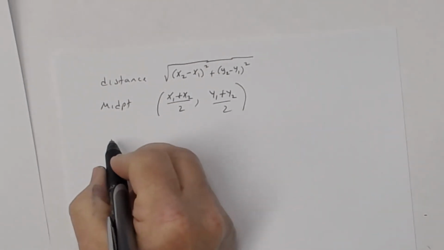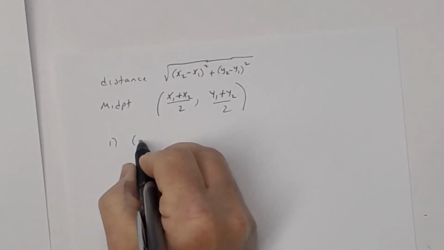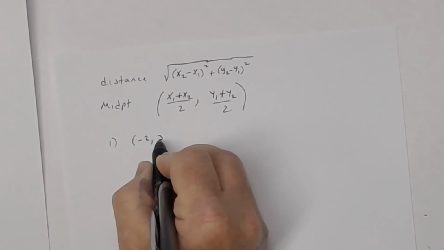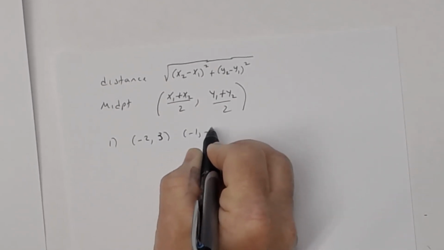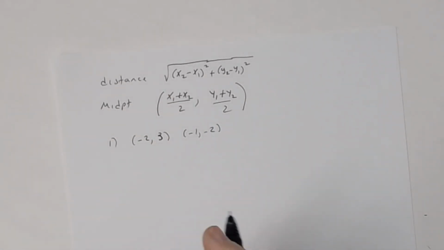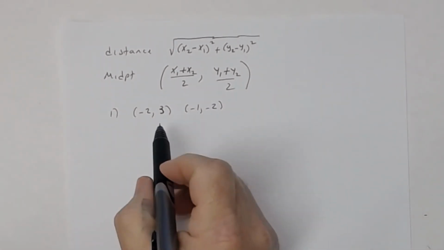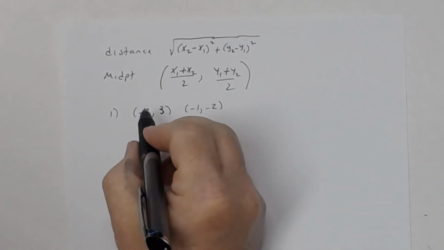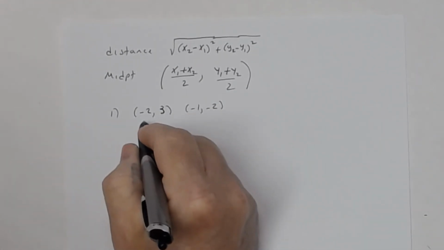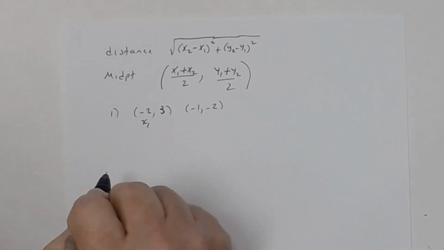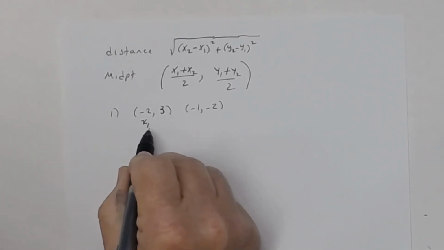So if we look at number 1, we have these two endpoints, negative 2, 3, and the other one is negative 1, negative 2. Okay, what some students like to do is they like to label these points. So let's call this the first point, this the second point. And so we'll say this is the x coordinate of my first point, so notice the subscript, x sub 1.